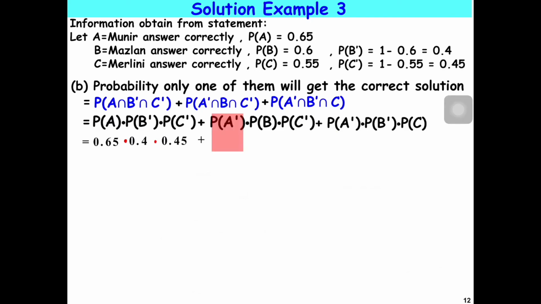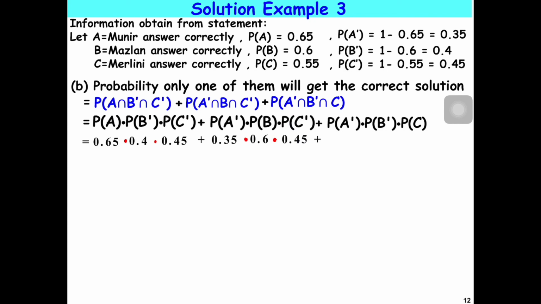So there. Plus probability A complement: again from above, probability A is 0.65, so probability A complement is 1 minus 0.65, you get 0.35. Probability B from above is 0.6, multiply it, and then probability C complement from above is 0.45.